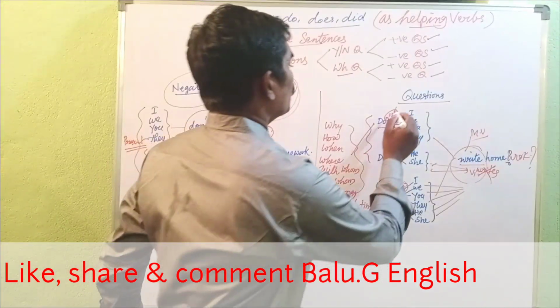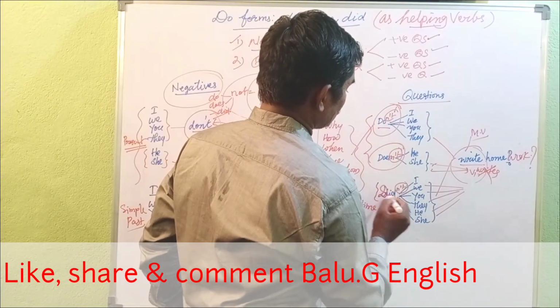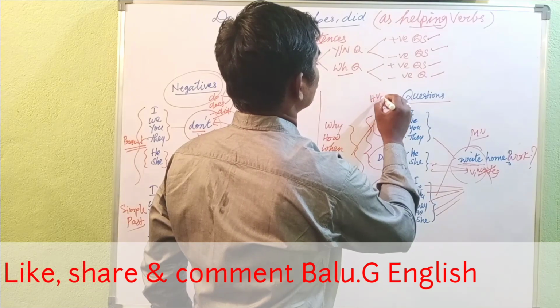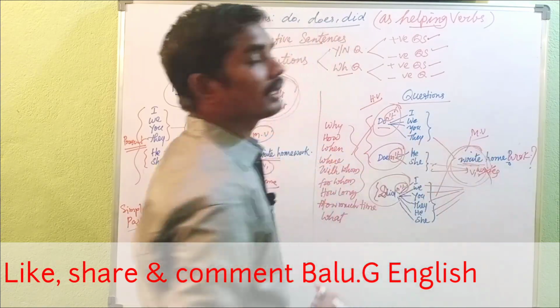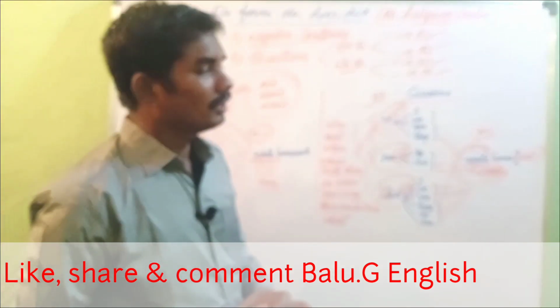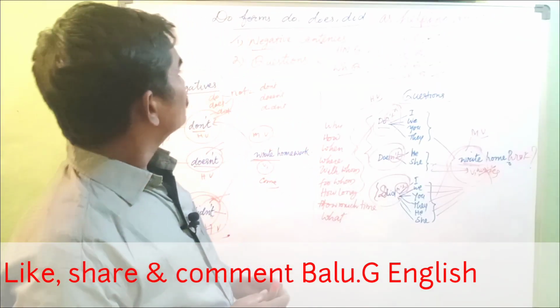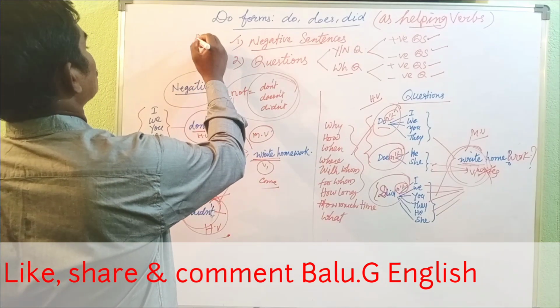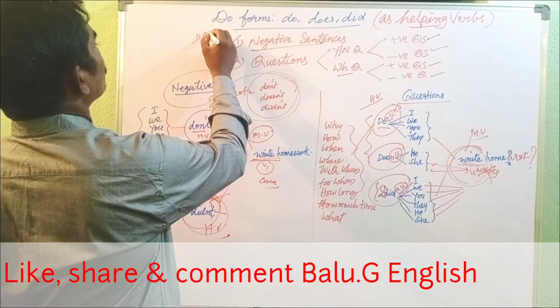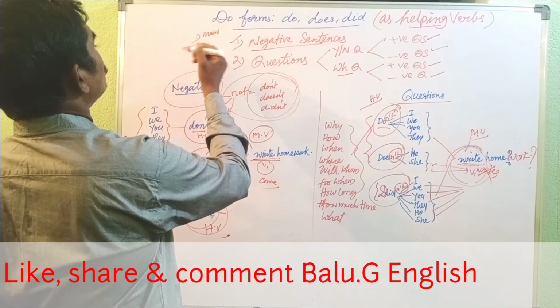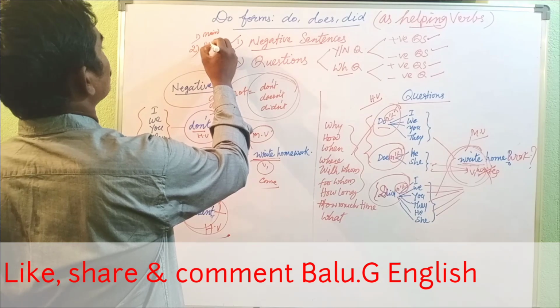So here don't, doesn't, didn't are considered as helping verbs and write is considered as the main verb. So my dear learners, do, does, did: the first use is as a main verb and the second use is as a helping verb.